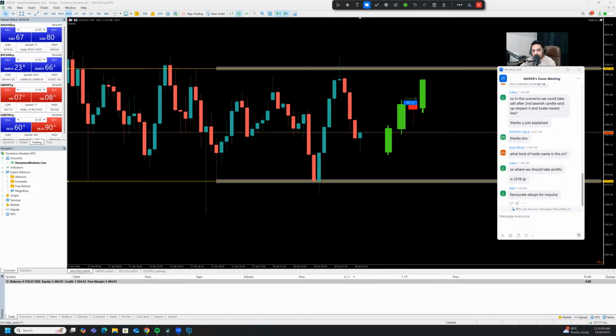This is the best impulse entry scenario and a higher probability setup. In this situation, if the candle creates a wick and breaks above the high of the previous candle, your stop loss should be below the current candle. Because if it breaks above the high, there is no business for this current candle to come down and break its own low. If it comes down and breaks its own low, there is a probability it will continue pushing to the downside. So you can place your stop loss here and execute somewhere. It's a higher probability impulse entry setup. This is the number one impulse entry setup.